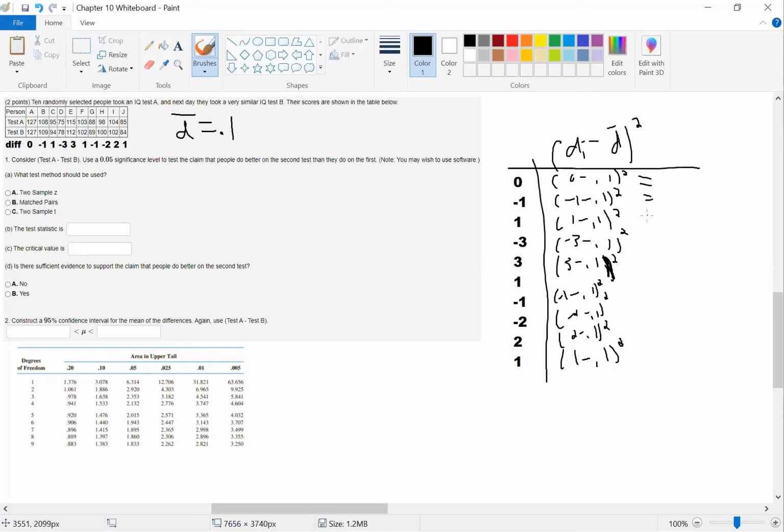Okay, let me draw the equal signs. This is the most tedious part. It's always the most tedious part of this class, whether it was in chapter 3 or now. Some other concepts might be harder, but this one's the most tedious. So 0 minus 0.1, square that, 0.01, we only have 1 zero.